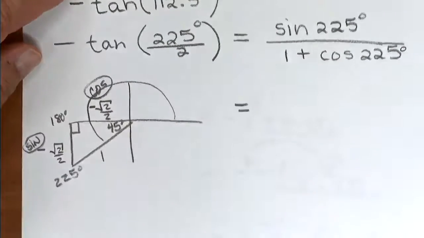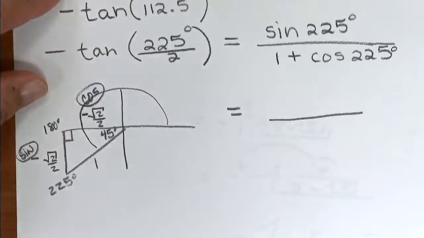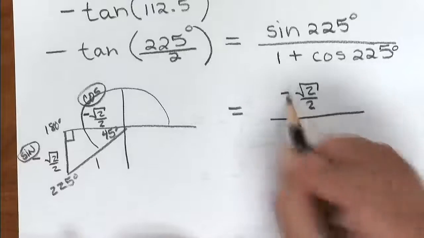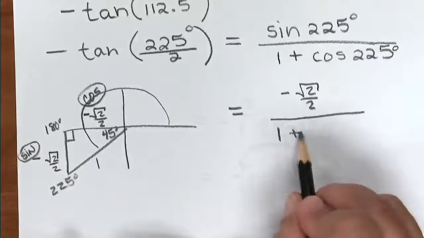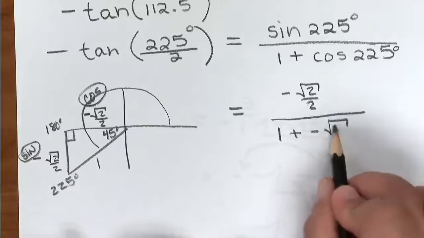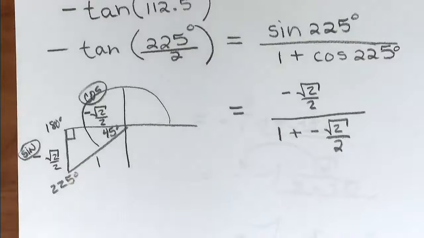I don't know if you need me to point that out anymore at this point, but maybe yes. Okay, so sine was negative square root of 2 over 2. And then it's 1 plus cosine of 225, which was also negative square root of 2 over 2. Now I'm done choosing the formula. I'm done plugging in. It's all arithmetic from there, trying to make it look semi-better.